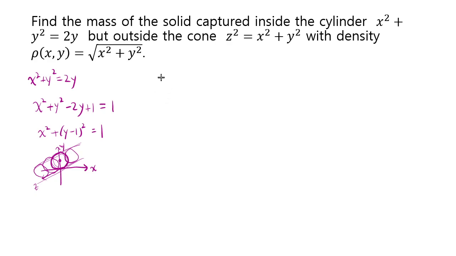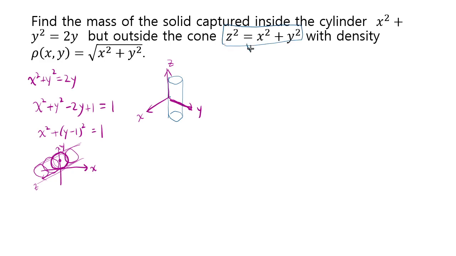So if you draw this in the usual perspective, having x here, y there, and z there, we know that it will be a cylinder that's like that.